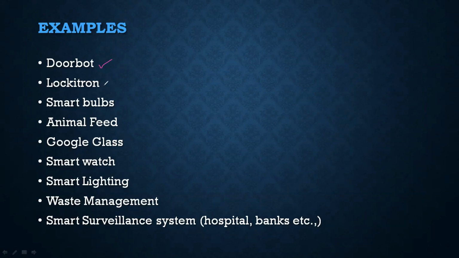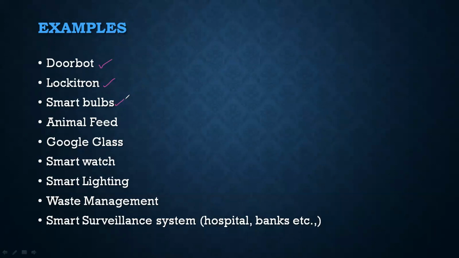Next one is Lockitron. Lockitron is one of the devices used to unlock your door with your phone. That means by using your phone only, you can unlock your door. Next one is smart bulbs.